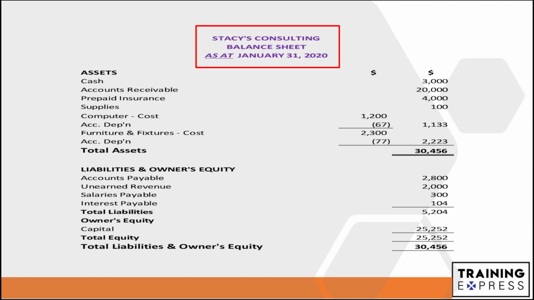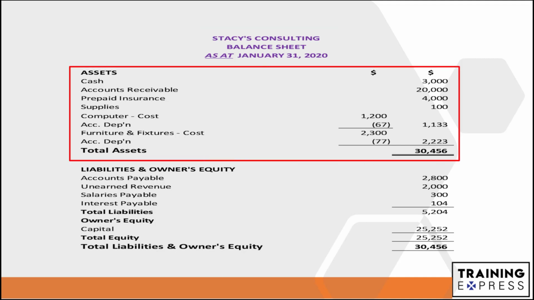The nature of the permanent items is that the balance of these items or accounts is carried forward from one accounting period to another. That is why balance sheet is not prepared for a specific time period like income statement. Rather, balance sheet is prepared at a specific time. For example, in this case, balance sheet is being prepared as at January 31, 2020.